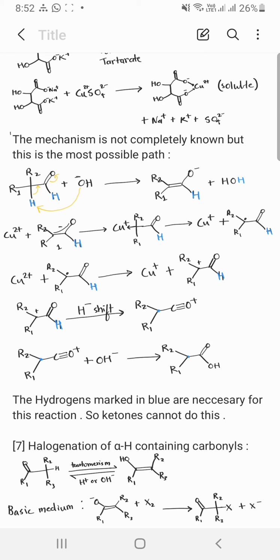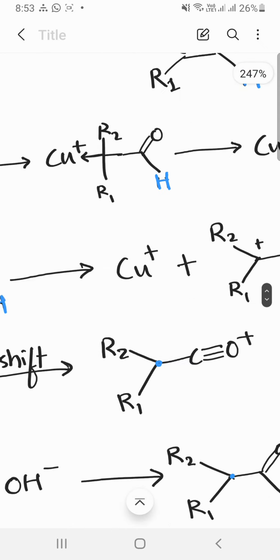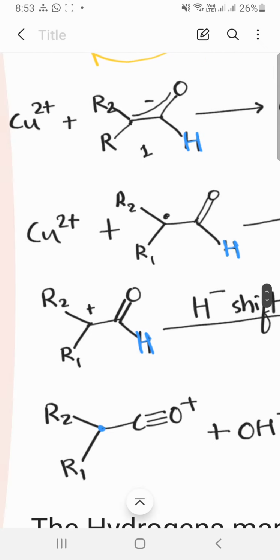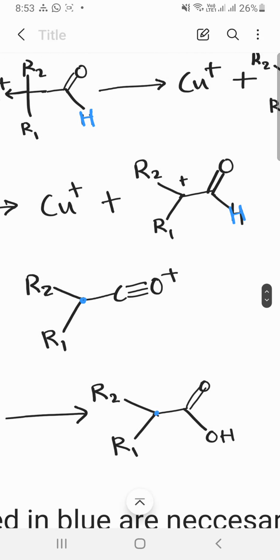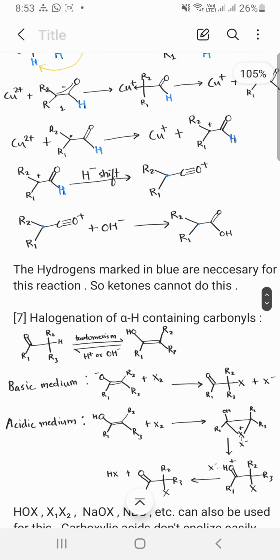I could draw this mechanism while sleeping. You see that this very unstable situation suddenly changed to a very stable situation. This same thing is also in pinacol rearrangement. So that's also something that can happen. Hydrogens marked in blue are necessary for this reaction. Ketone can't do this. Okay, cool.